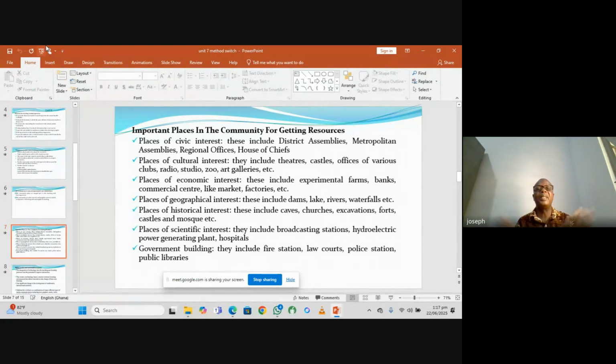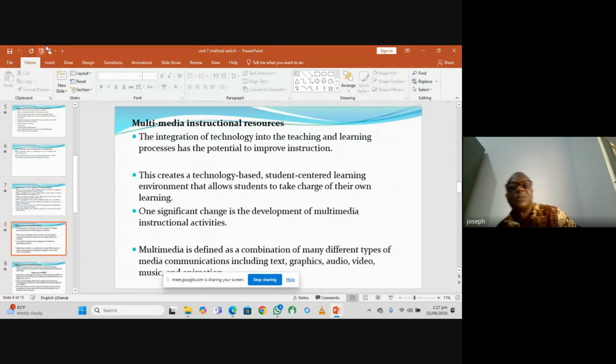So we put them under places of interest, and each of these has its examples, and they are all part of the community resource because they are found in the community. So you know where to send your learners to, or where to bring in the resource person from to handle a particular lesson for you.